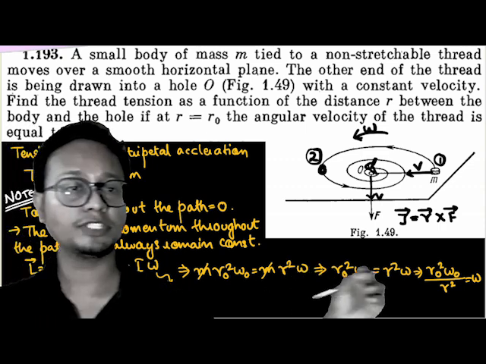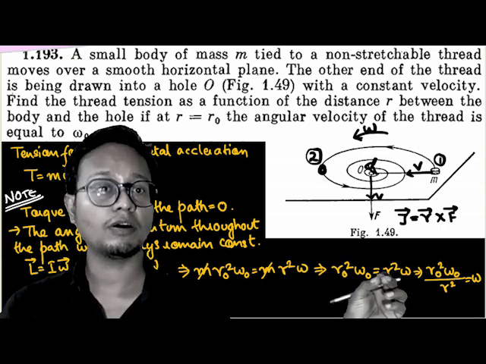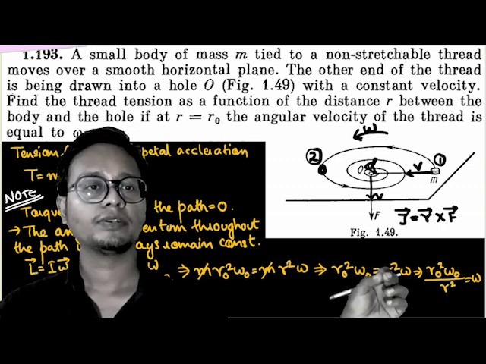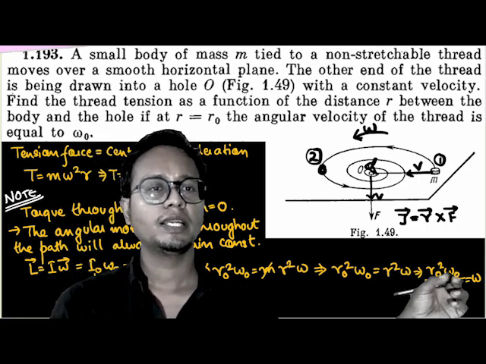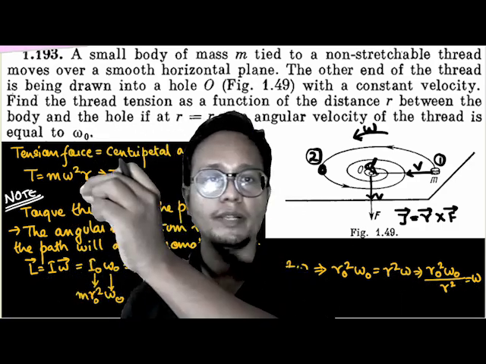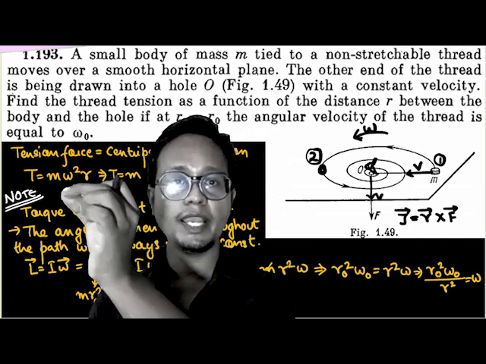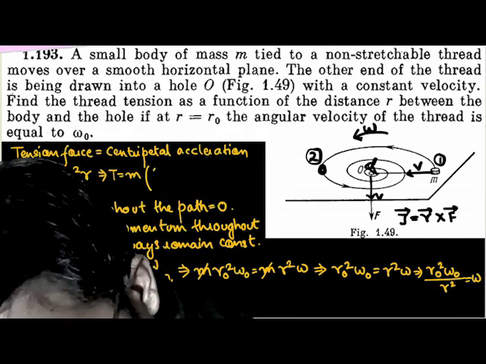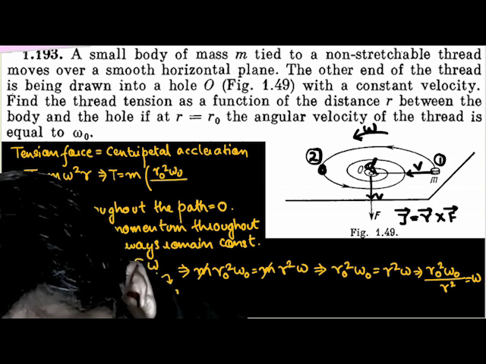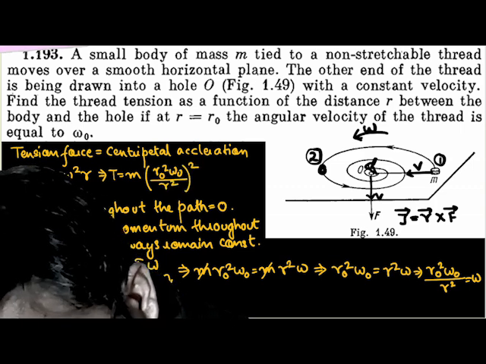From this equation, if you put r square down out here, it will be r naught square omega naught by r square is equal to omega. Now just substitute this omega in the equation for tension, m omega square r. What is omega square? Omega square is r naught square omega naught by r square, whole square.